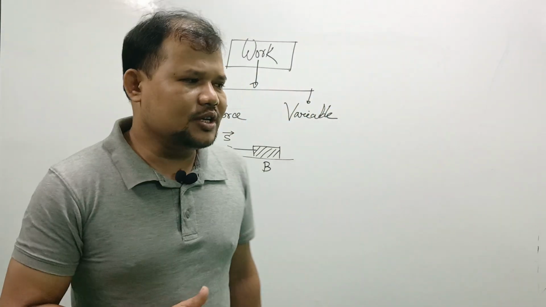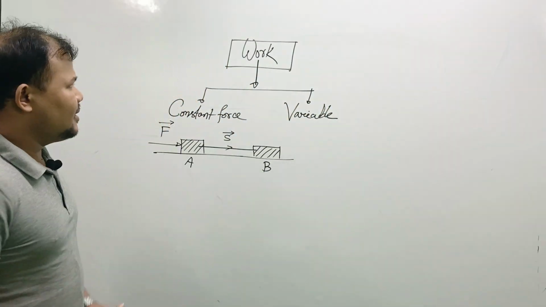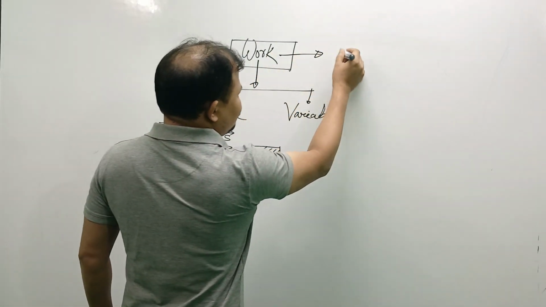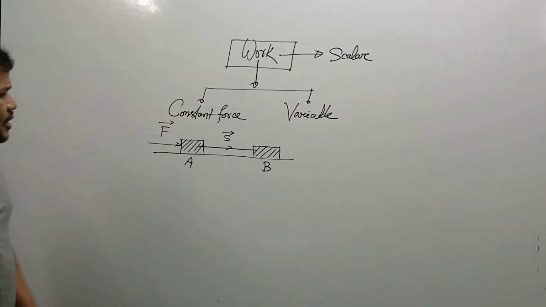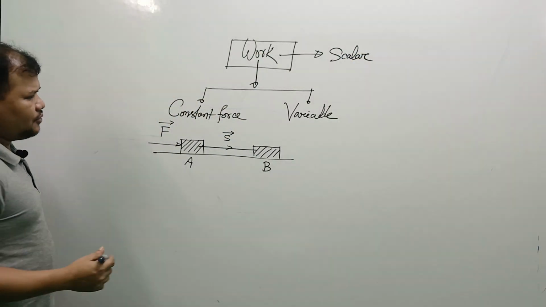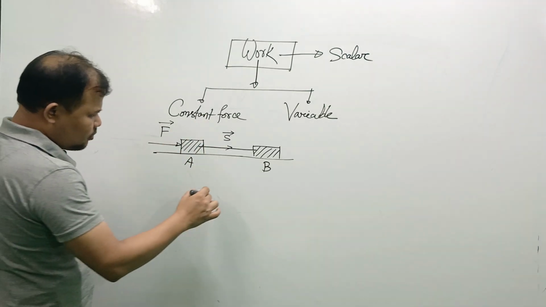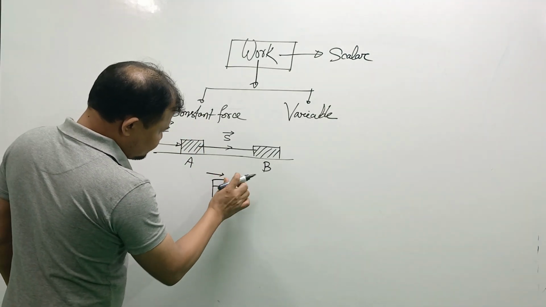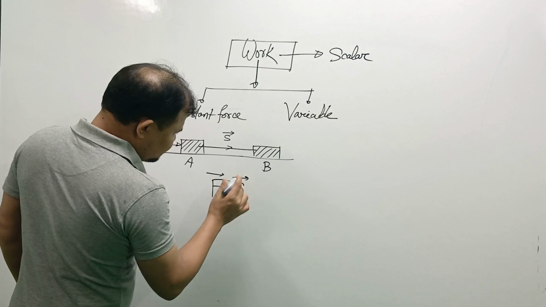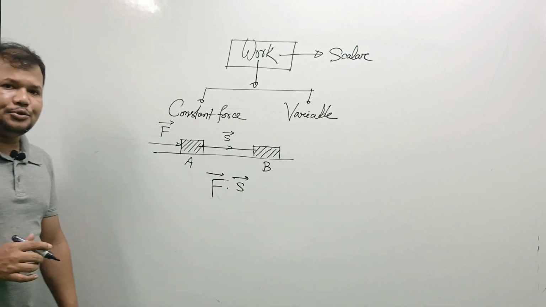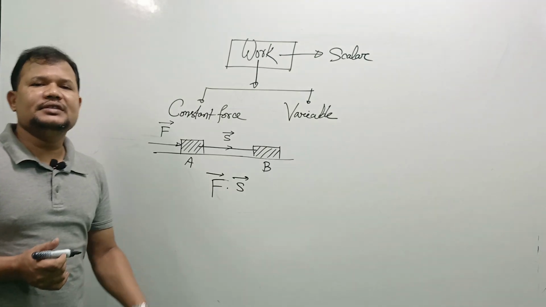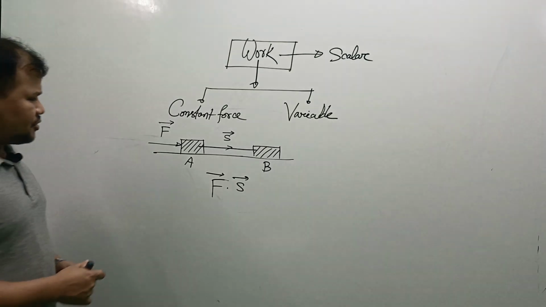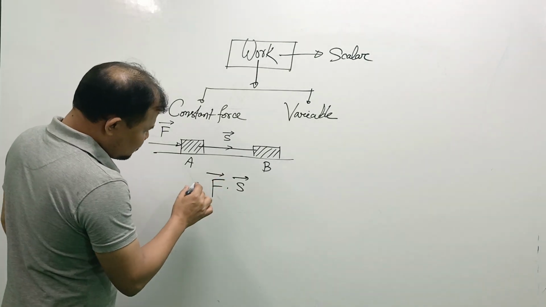As work is a scalar quantity, if we find out the work from two vector components, then we must use the dot product. Why do we use the dot product? Because the dot product is a special operation in physics that gives you a scalar quantity.